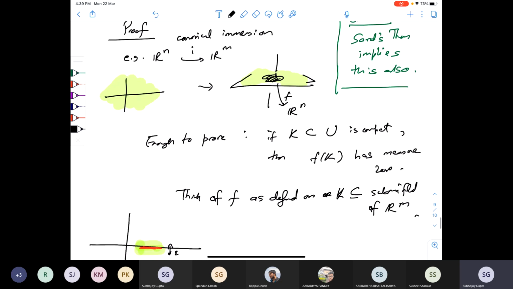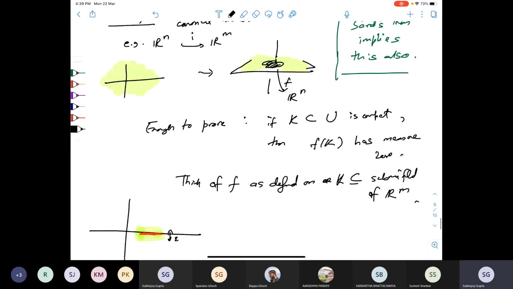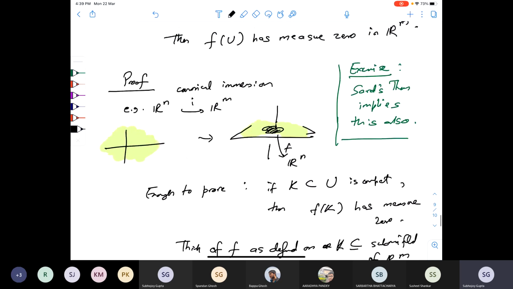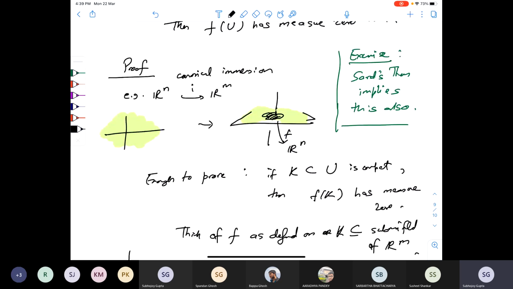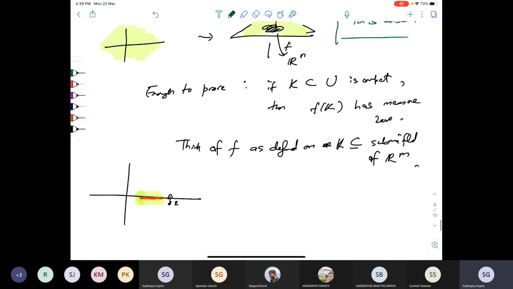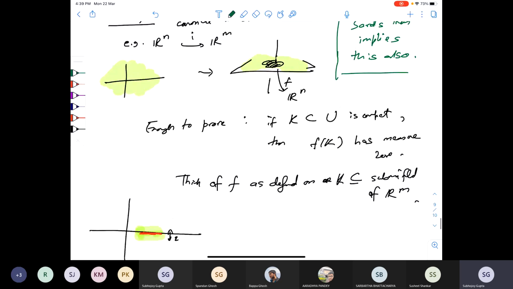Except that you need one more intermediate step: you need to extend F. Right now it's only defined on the submanifold. If you want to apply the proposition, you want to define it on Rm or some open set of Rm itself. And you can do it. I think this is one of the problems in this week's problem set, which is due Wednesday.